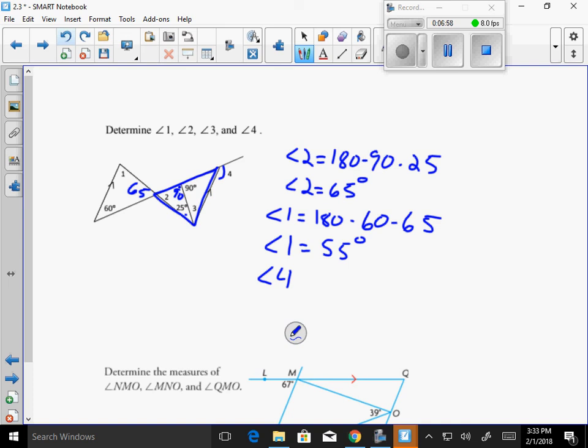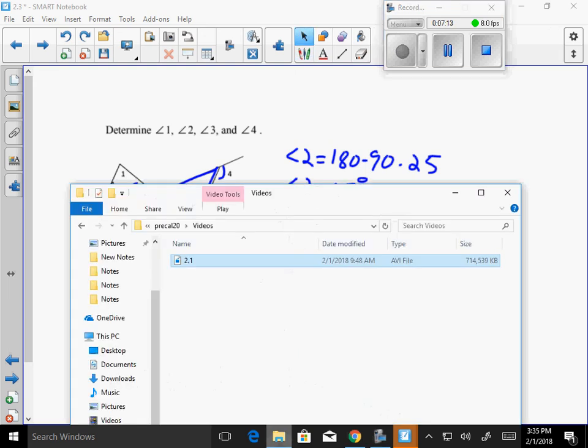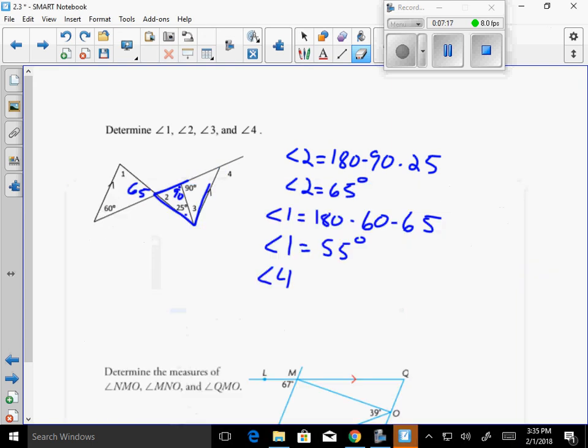So that means I can work this out, or it means I could have if I knew another angle. Actually, you know what? I got ahead of myself there. I should have gone to angle 3. Oh, not that. All right, let's do angle 3 first.